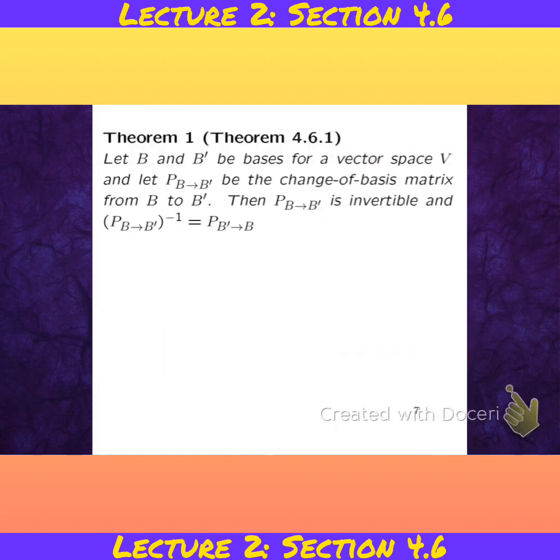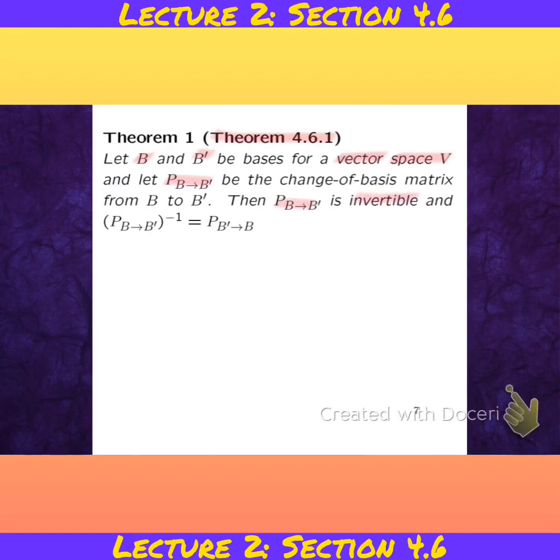That brings us to our first theorem, which says something about the change of basis matrix. So given two bases for a vector space V, the change of basis matrix from B to B prime is always invertible.